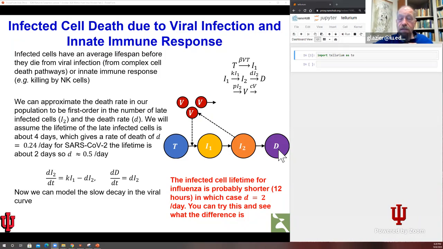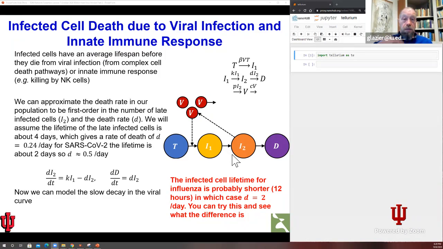Notice that I don't have a line going from I1 to D directly. If those protective mechanisms I've been talking about were perfectly effective, or even relatively effective, then at least sometimes the ideal situation from the cell's point of view would be that if it's infected, the I1 cell dies before it becomes an I2 cell, before it produces any additional virus.